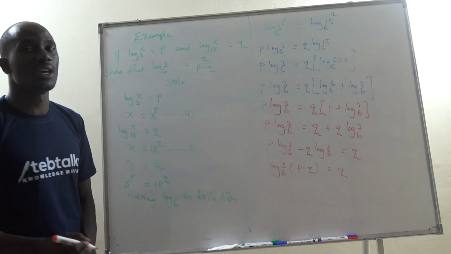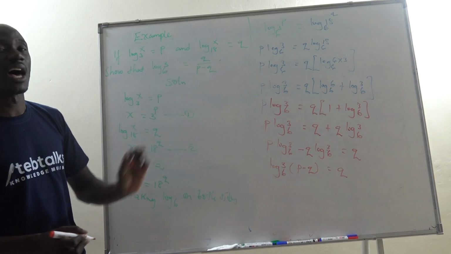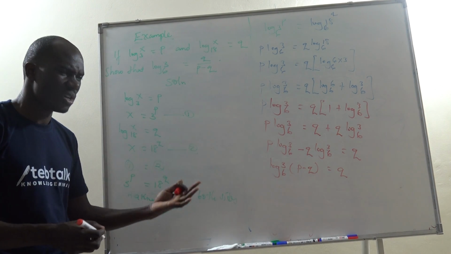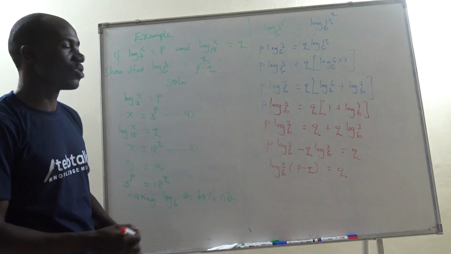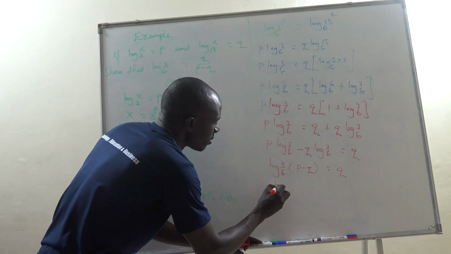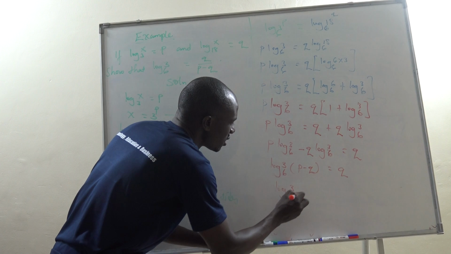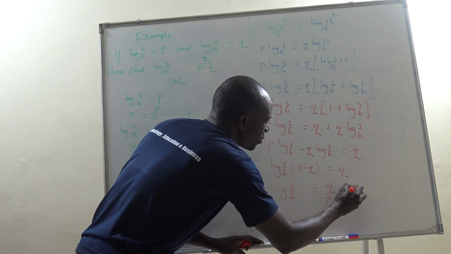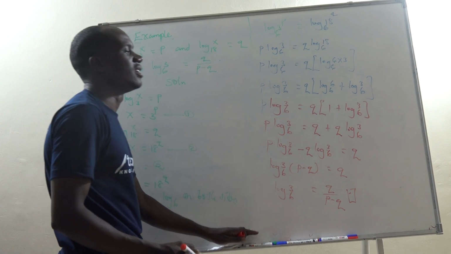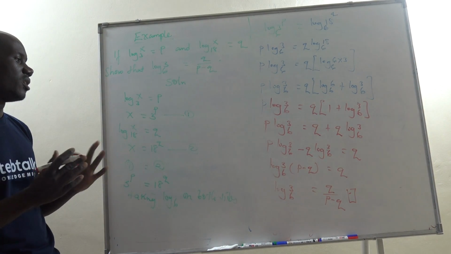Our interest is to make log of 3 base 6 the subject, as instructed. We divide by p minus q on both sides, and we remain with log of 3 base 6 equals q all over p minus q, as required. That's how we do a showing.